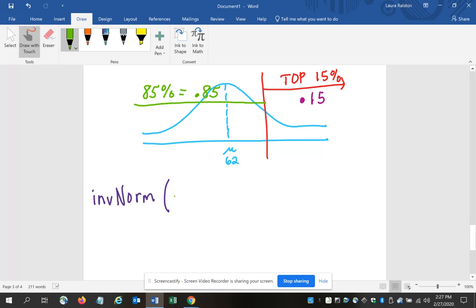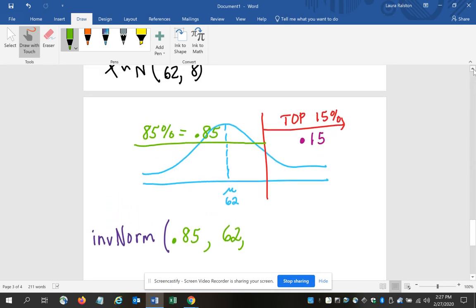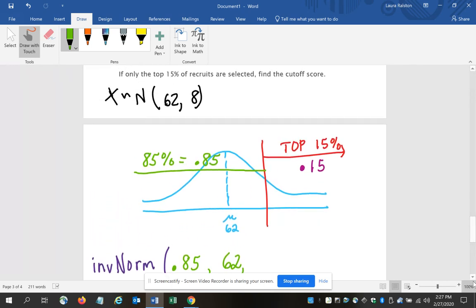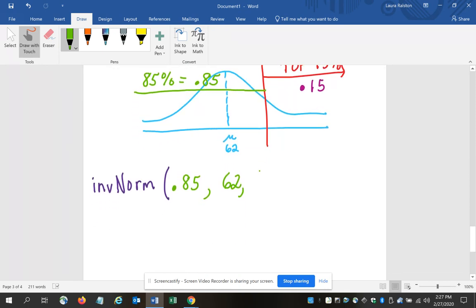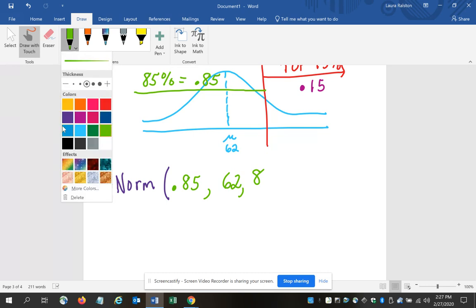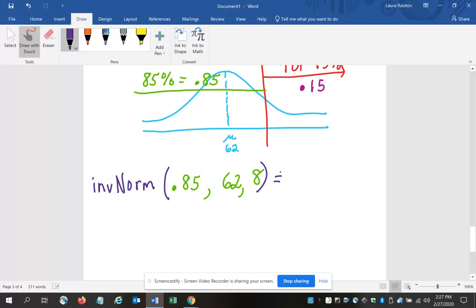So it'll be inverse norm. The area to the left is the 85%. The mean is 62. The standard deviation, I believe, was 8. Okay, so the standard deviation was 8. Close up the parentheses. And then hit enter.